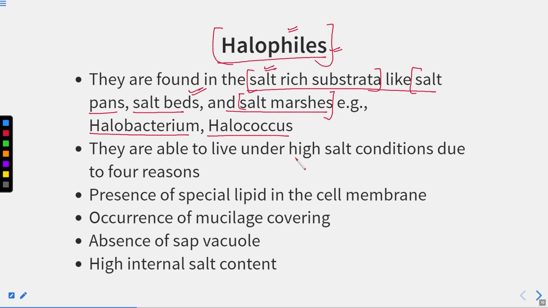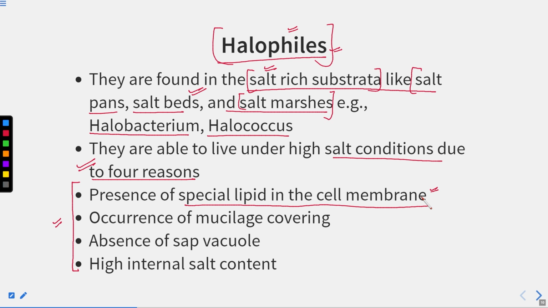They are able to live under high salt conditions due to 4 reasons. Now this is going to be very important. What are the 4 different reasons due to which halophiles can survive in such a high salt condition? First, presence of special lipid in the cell membrane. I told you that they have a very special type of membrane that does not allow water to come out of the cell, as they are present in a very high salt concentration habitat.